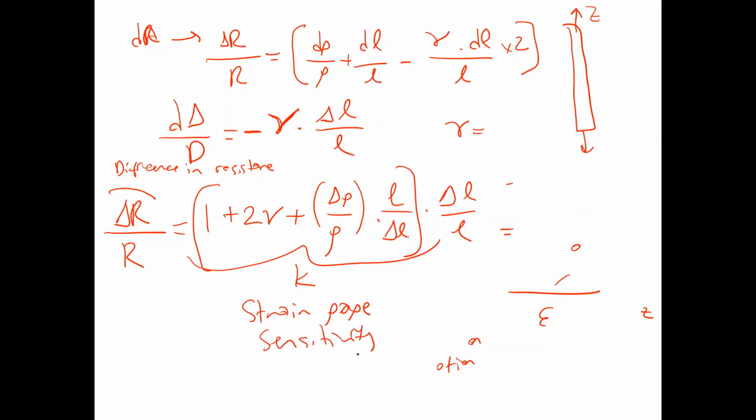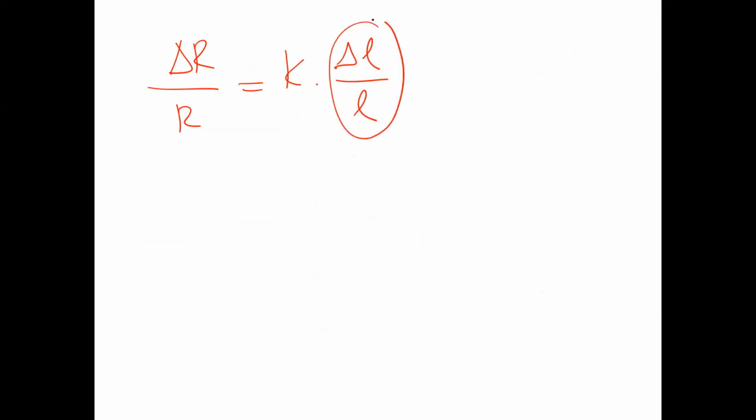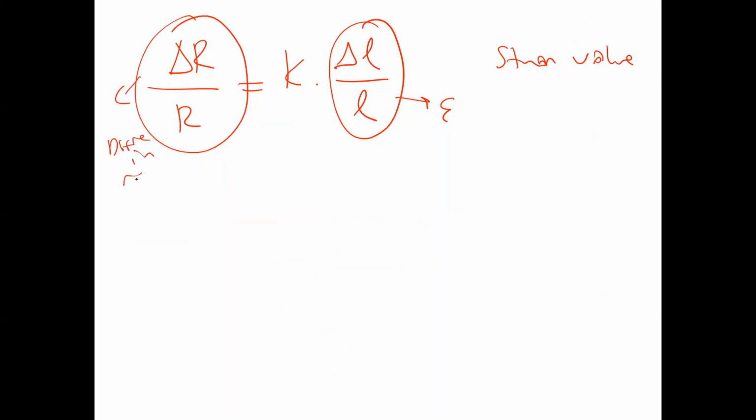In our question, we will take K is equal to 2.05. So we will get here delta R divided by R is equal to sensitivity times delta L over L, and we know this is our strain value, and this is the difference in resistance due to what?